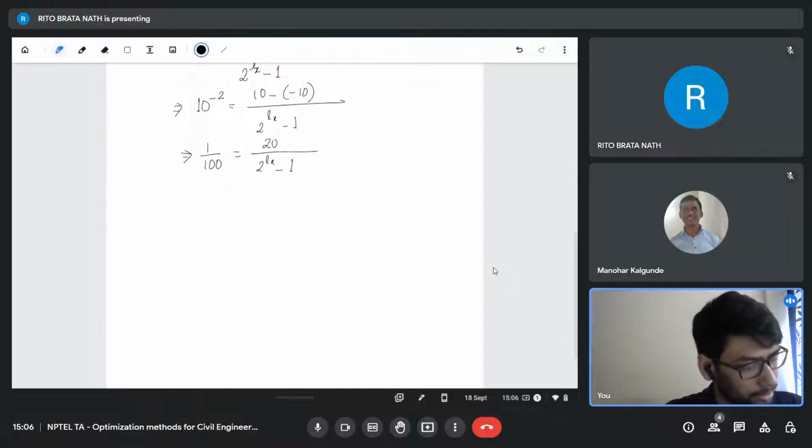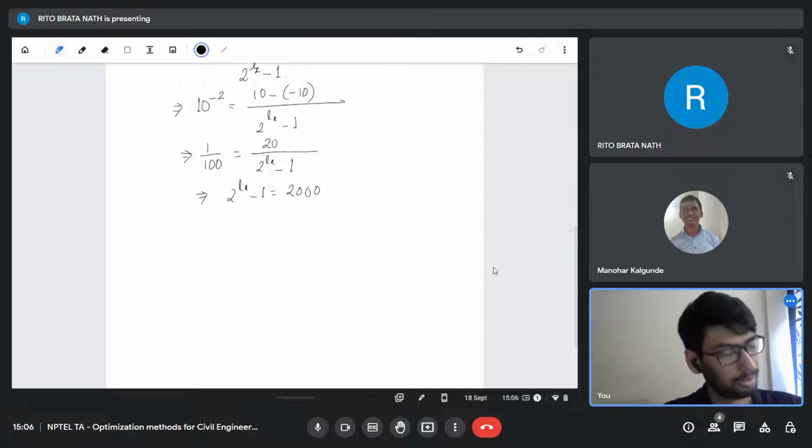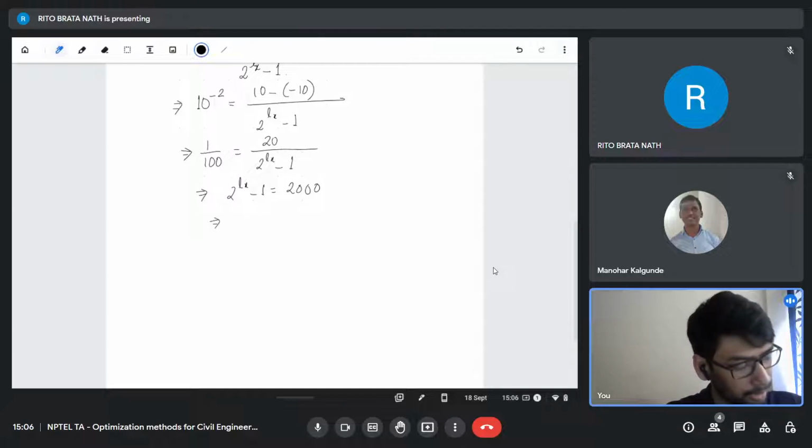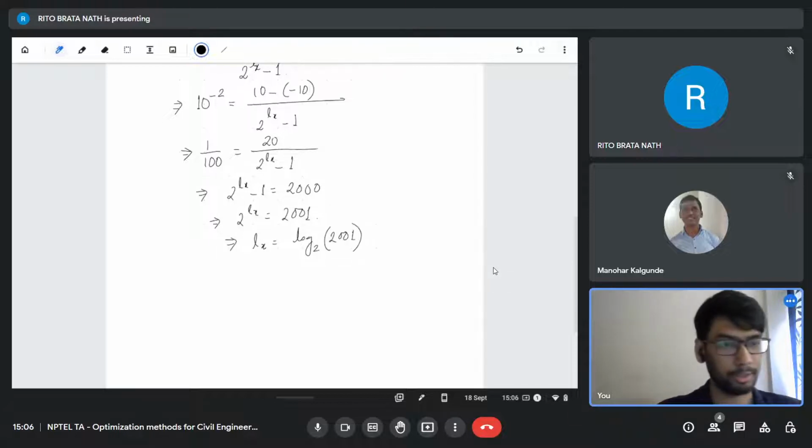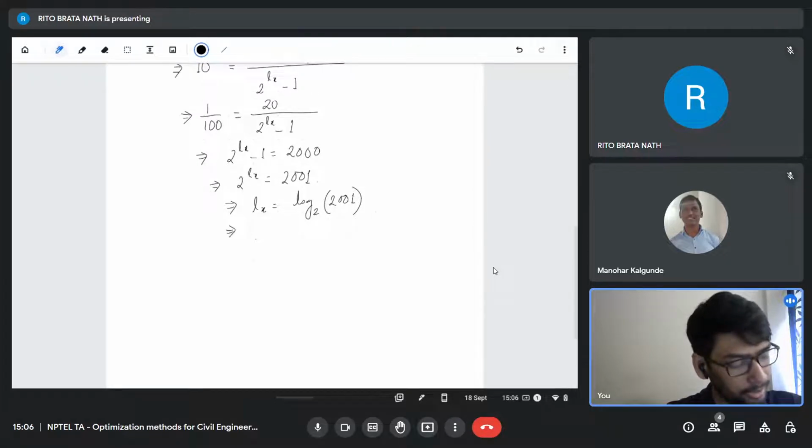So you can have 2 to the power Lx minus 1 equals 2000, and finally you will get 2 to the power Lx to be 2001, and your Lx is nothing but log base 2 of 2001. This you have to calculate on your calculator.